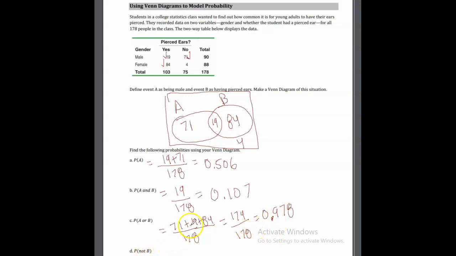Not B is anything not in B. So this would be my 84 plus 4. Oh, sorry, that's a B. So not B is probably the one that's weirdest to think about.